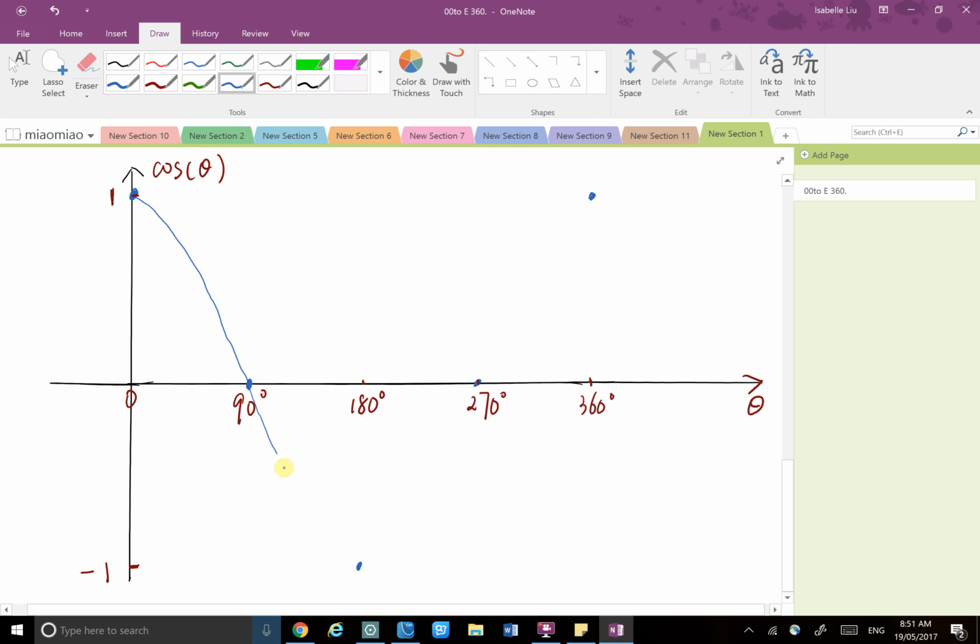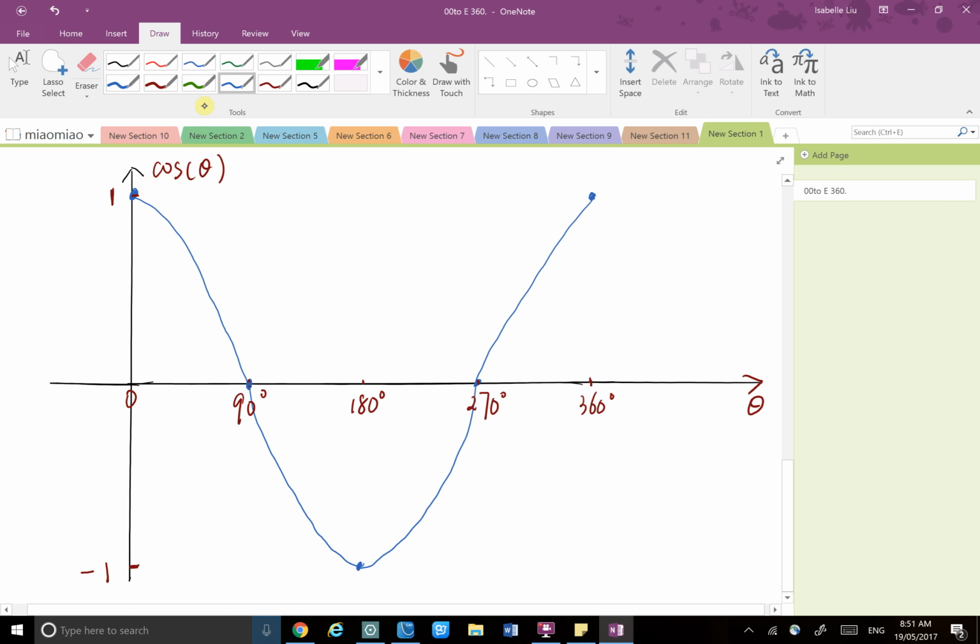If you connect that, okay, the graph will be like that. Well, it looks quite good. Okay, that's a better graph, or something like that.